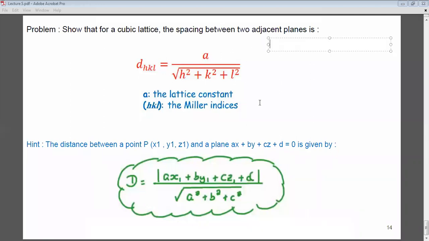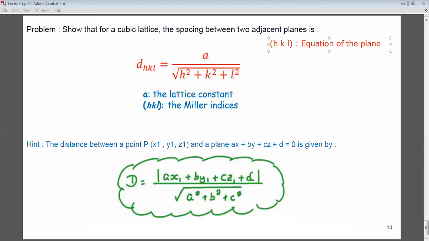The first thing you have to do is, for a cubic lattice, we will say that the plane is HKL. You need to find the equation of the plane HKL.